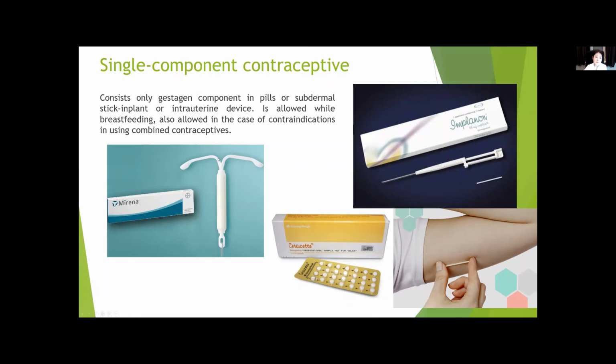Mirena is an intrauterine device. It contains a gestagen called levonorgestrel. It protects the uterus from proliferative diseases, for example, hyperplasia of endometrium, myoma, and also it protects from pregnancy because it inhibits ovulation.